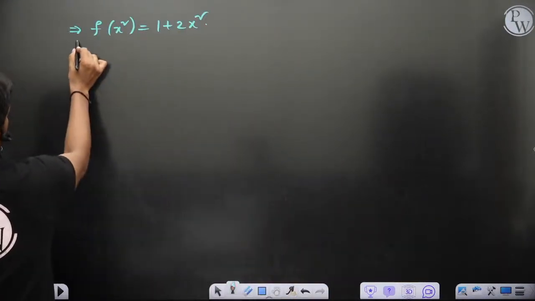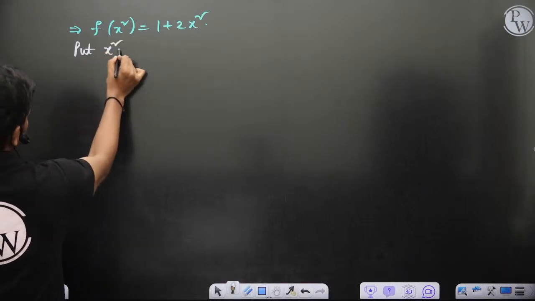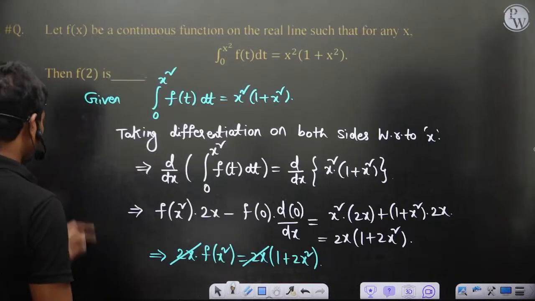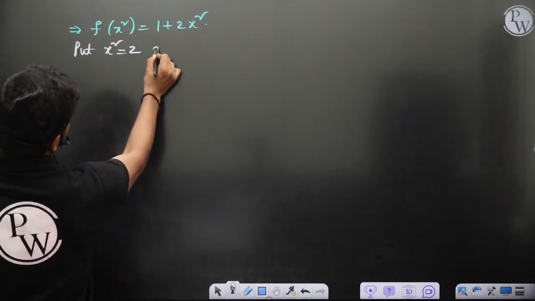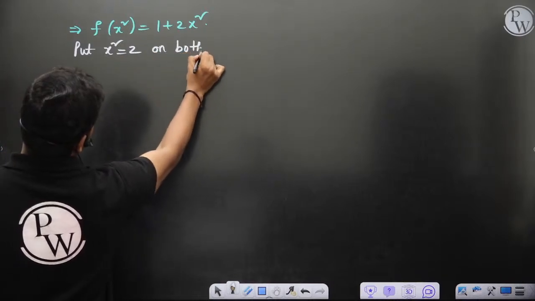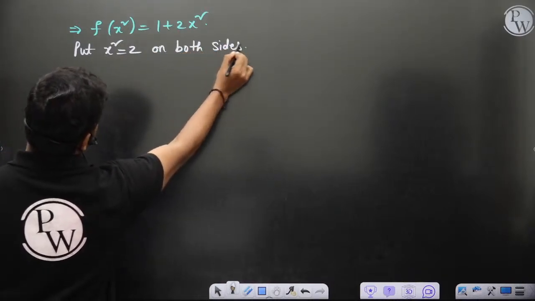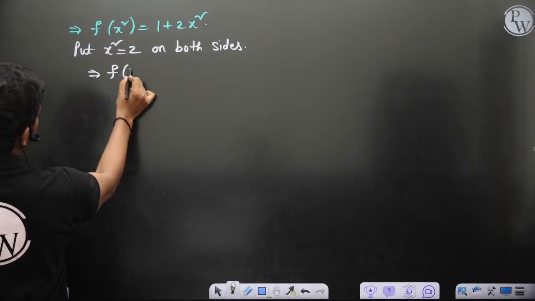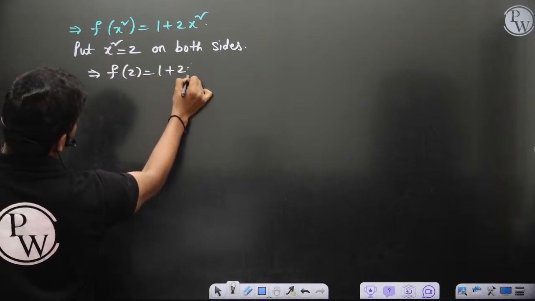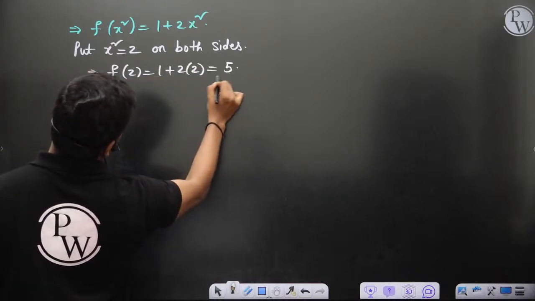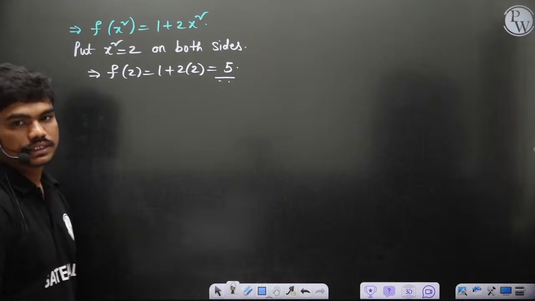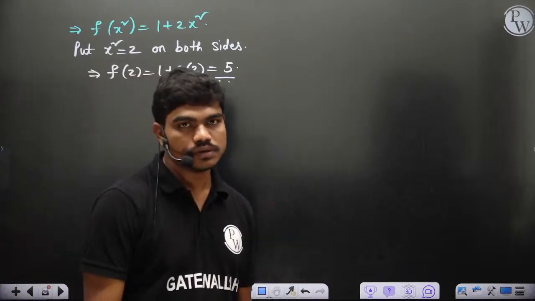So put x square is equal to 2 on both sides, because we want the f of 2 value, correct? So this implies f of 2 is equal to 1 plus 2 times 2, which is 5. That's all. So 5 is the actual answer in this case. So f of 2 is equal to 5 is what you get.